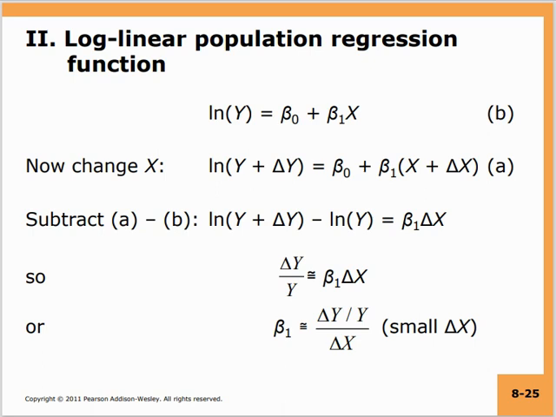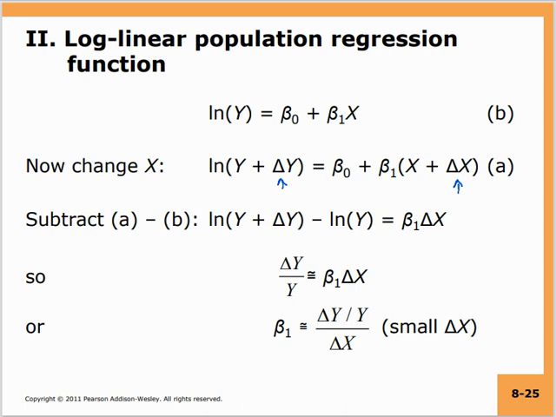So if x changes by delta x, then y will change by delta y, but you have taken a log on the dependent variable. So log of y plus delta y will be equal to beta 0 plus beta 1 times x plus delta x.